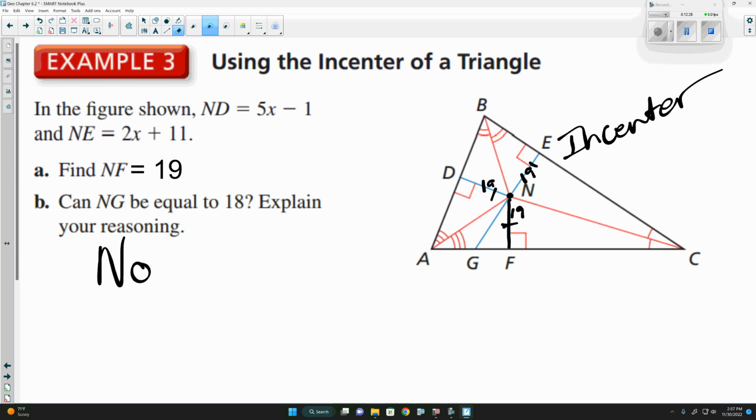Now the next part is asking, can this NG be 18? Well, if this length is 19, that has to be longer than it for it to work out. So no.